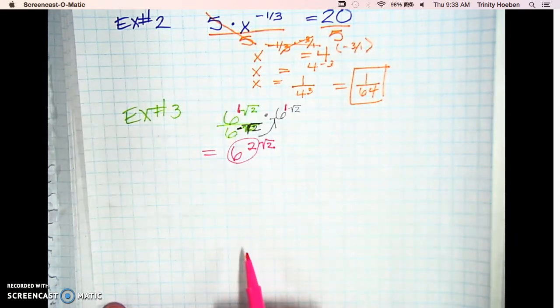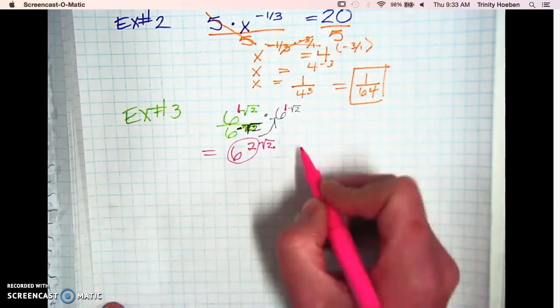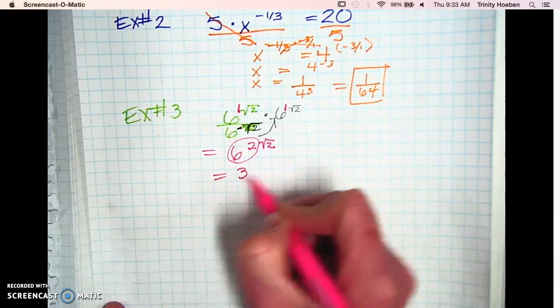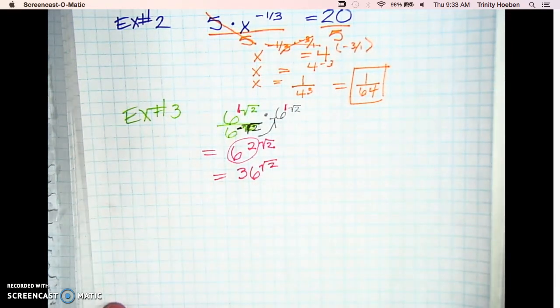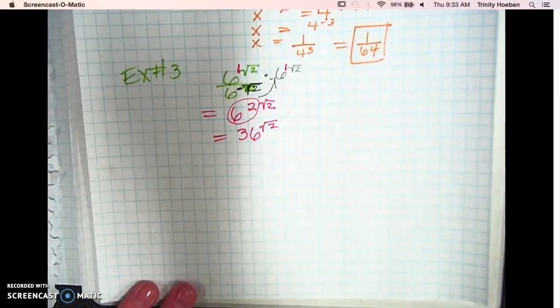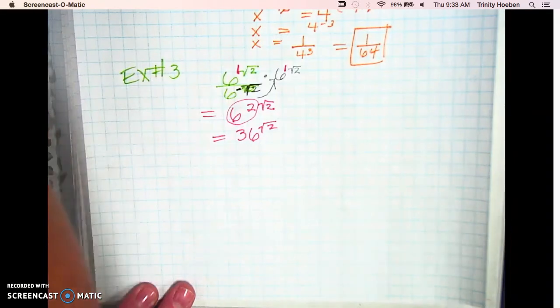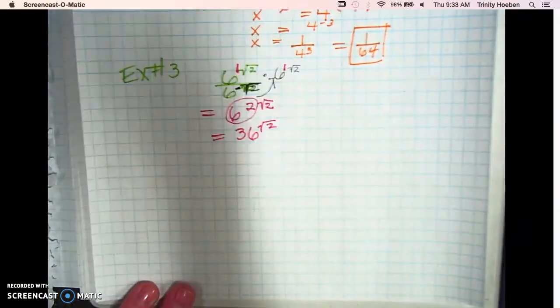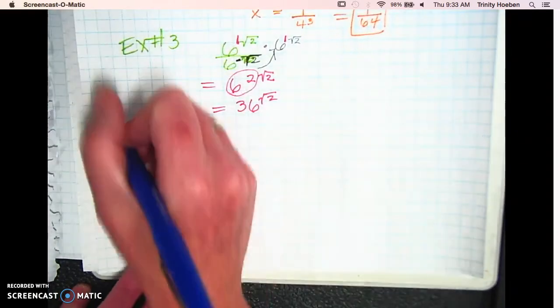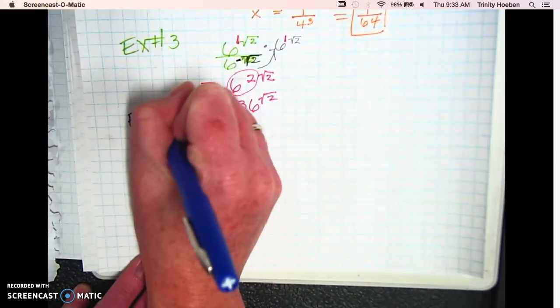What's 6 squared? 36. So we have 36 to the square root of 2. And we can't simplify that anymore. That's as far as you can go with that one. Because that's going to get you a decimal. You punch that in the calculator. All right? Example number 4.